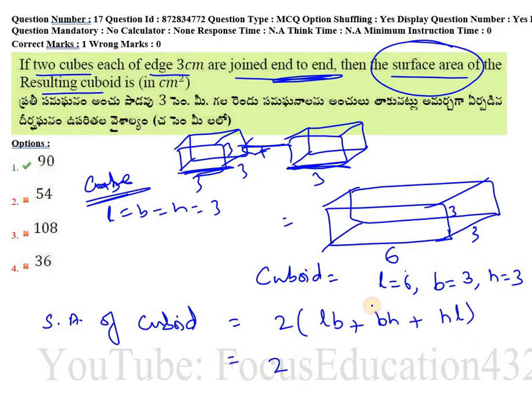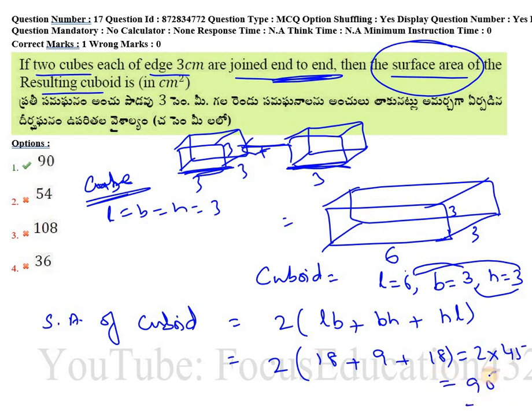So 2 multiplied by length into breadth, 6 into 3, 18, plus breadth into height, 3 into 3 how much? 9, plus H into L, 3 into 6, 18. So this is 2 multiplied by 18, 18, 36, 9, 45. 45 multiplied by 2 how much? 90 centimeters square. So this is the answer.